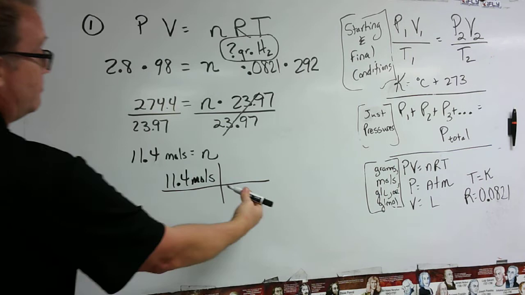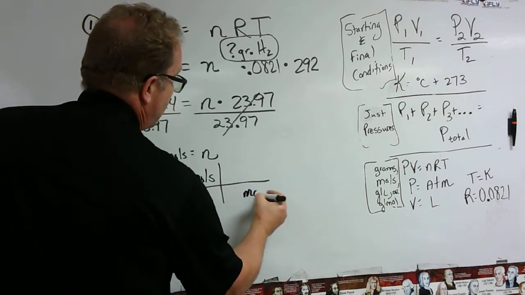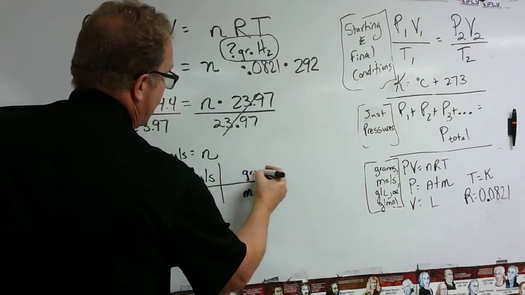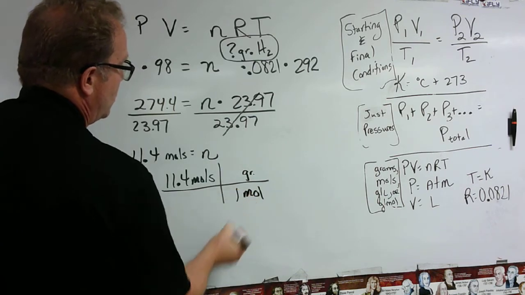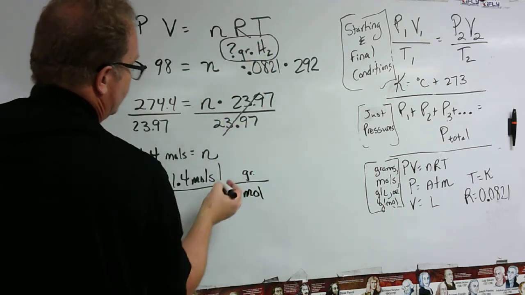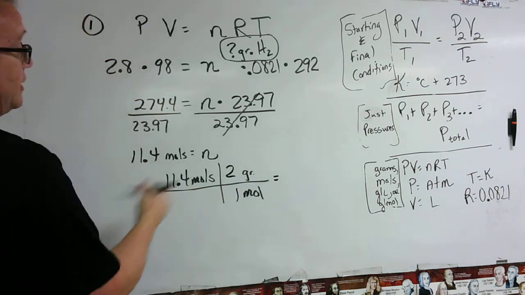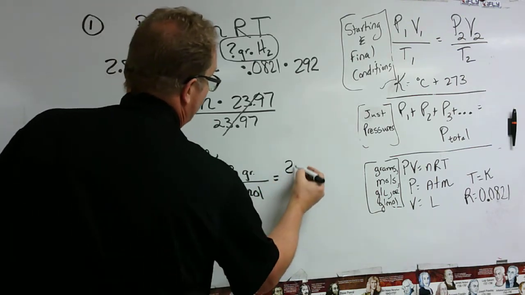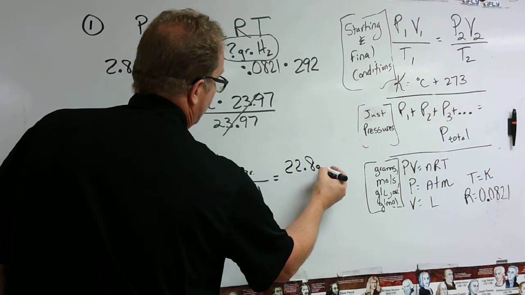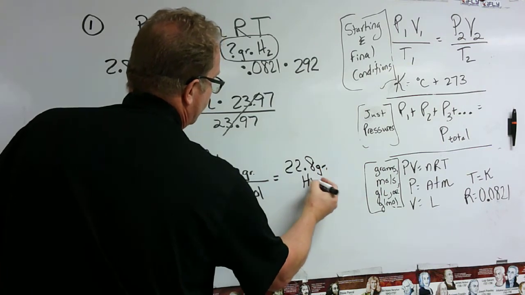Following pattern, mole bottom, gram top, big one, mole, mass of H2, 2 times 1, 2 grams. So if you're going to calculate this out, we could end up with 22.8 grams of hydrogen gas.